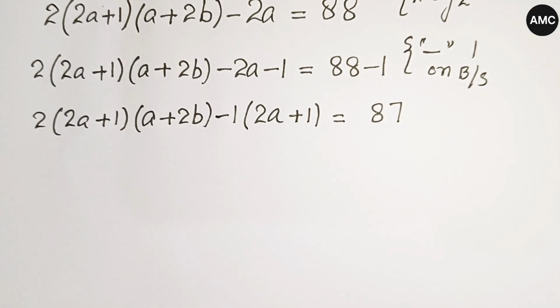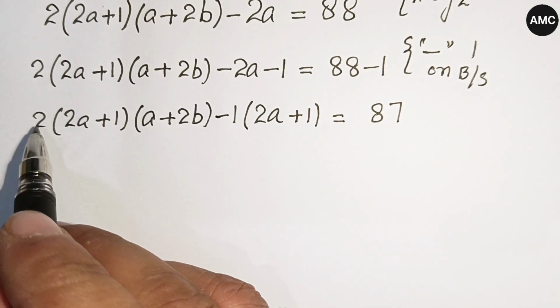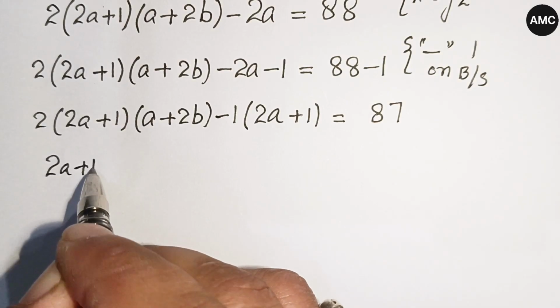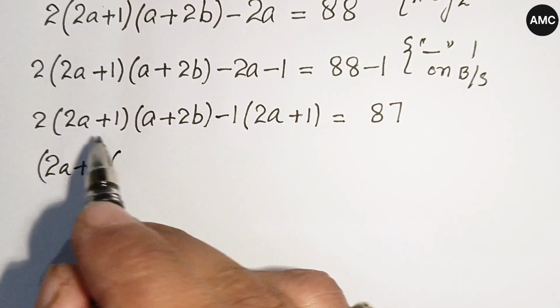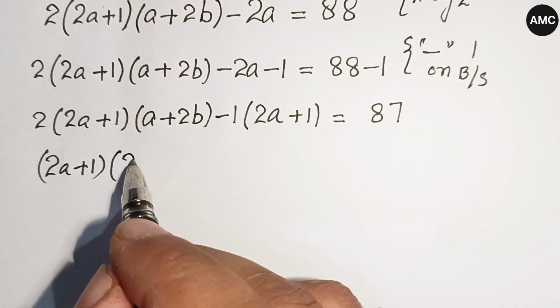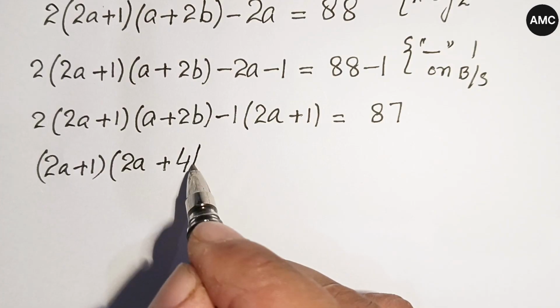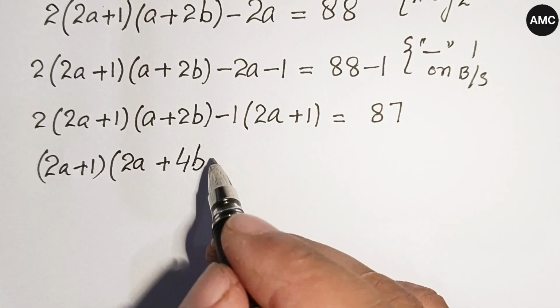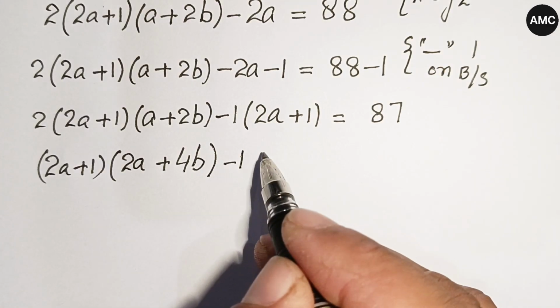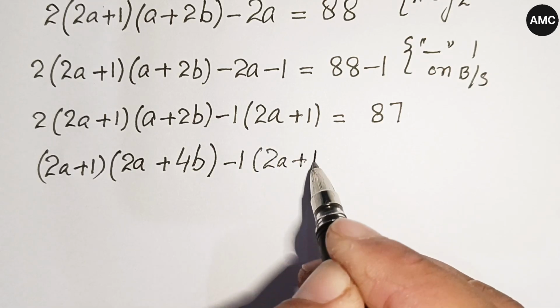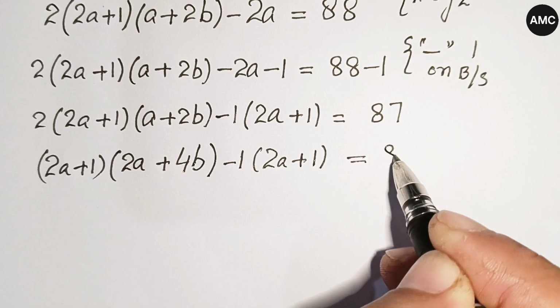Now our next step will be, if we multiply this 2 with this term, we have (2a plus 1) times (2a plus 4b) and here we have minus (2a plus 1), that is equal to 87.